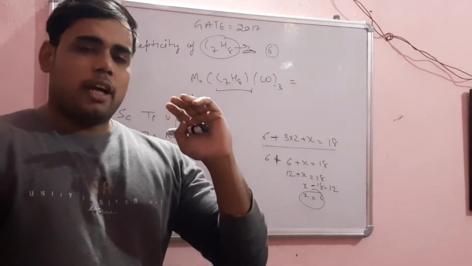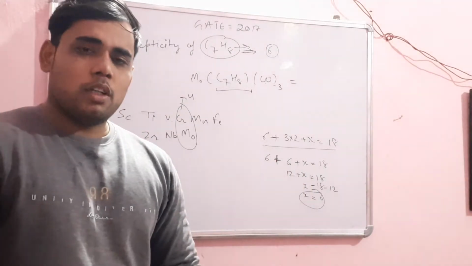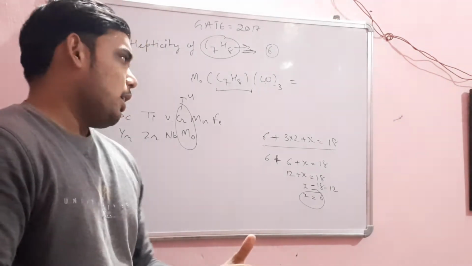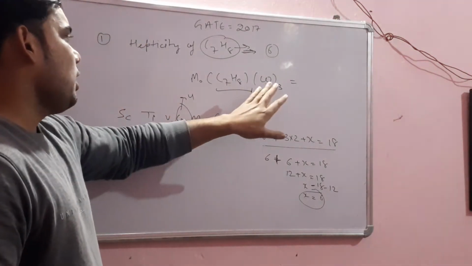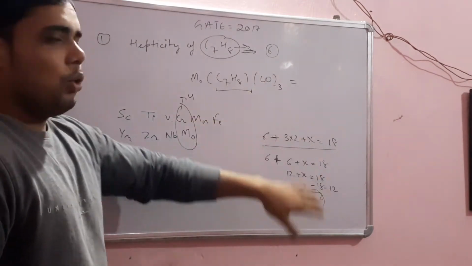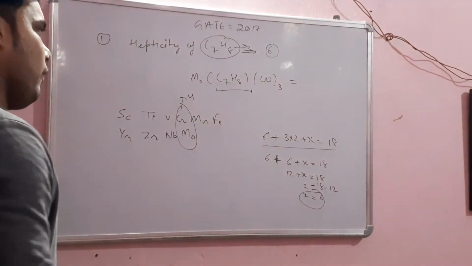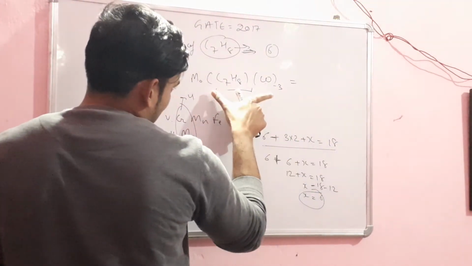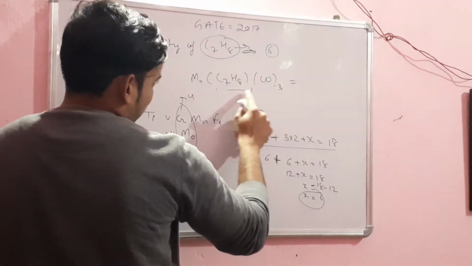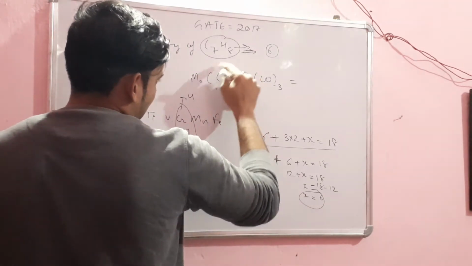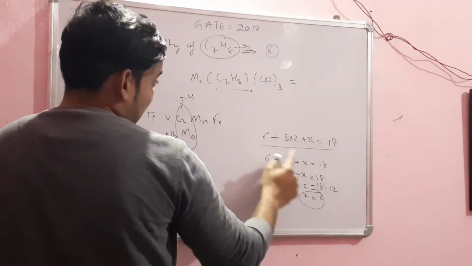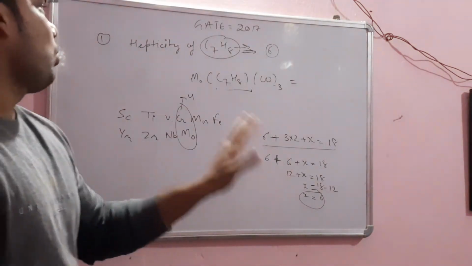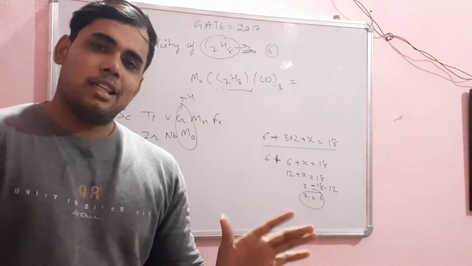You know, for every coordination compound we can apply the 18 electron rule, and we can calculate any electron count if it follows the 18 electron rule. So I have just put 18 here, and the electron counts of this molybdenum, carbon monoxide, and C7H8, and I have put X in place of C7H8. Then the X value comes out to be 6.